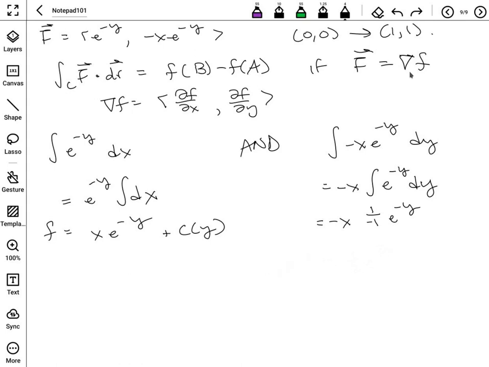And that gives me x e to minus y, which is the same thing I found before. I would throw away any functions I find that I already had before, and any new ones that are left over become that c. In this case, there were no new functions, so I've determined that c of y is 0, and I can just cross it out. But I don't double count my x e to minus y because I previously found that function.